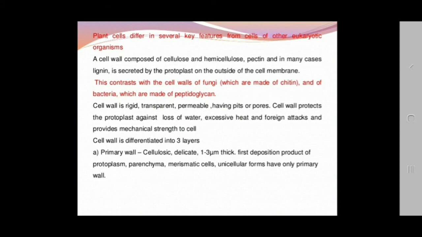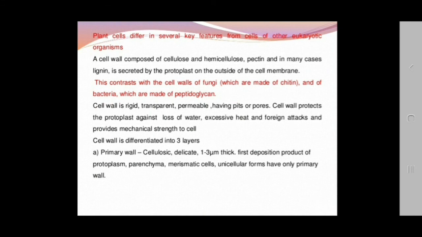The cell wall is rigid, transparent, permeable, having pits or pores. The cell wall protects the protoplast against the loss of water. We have seen in lower classes what happens in endosmosis as well as in exosmosis. Clear? It provides mechanical strength and support to the cell.